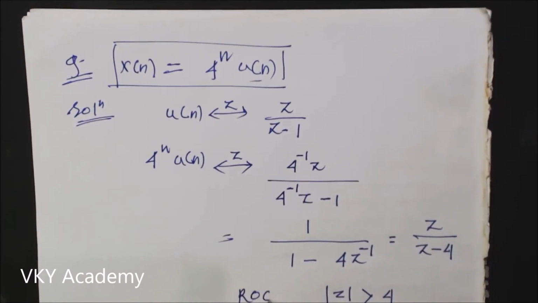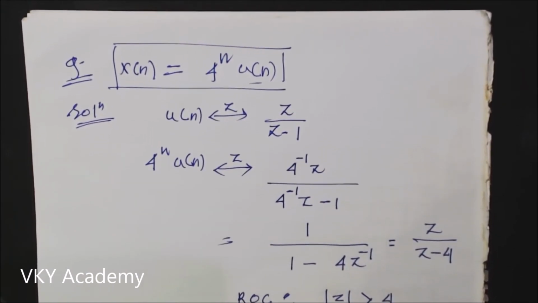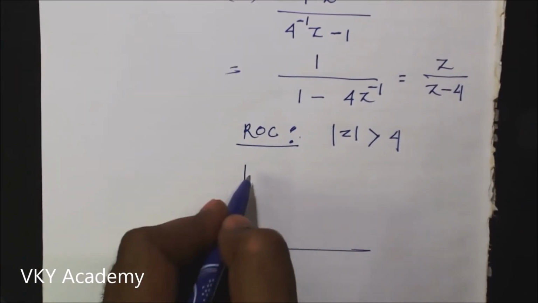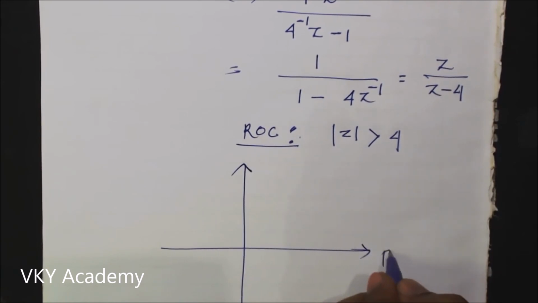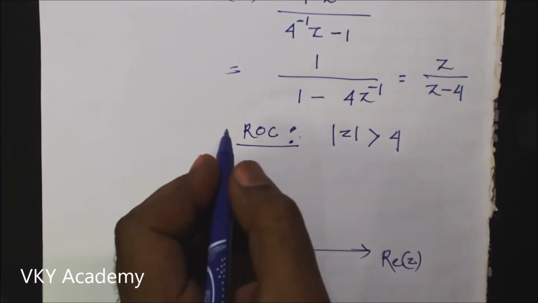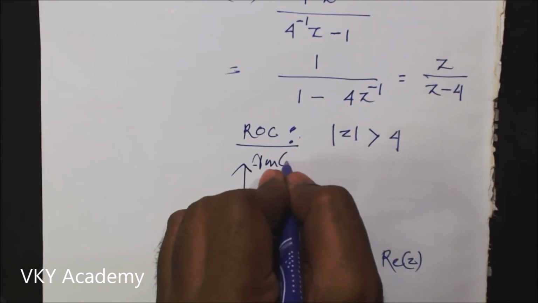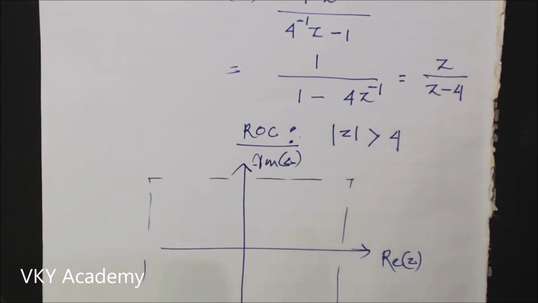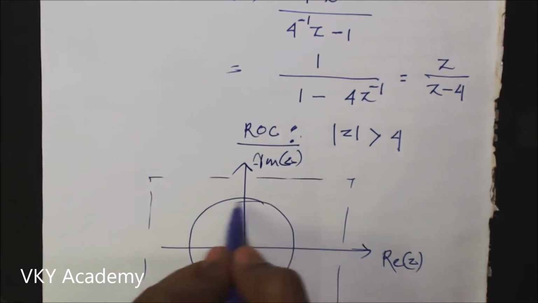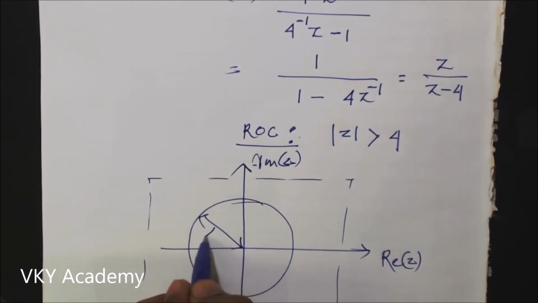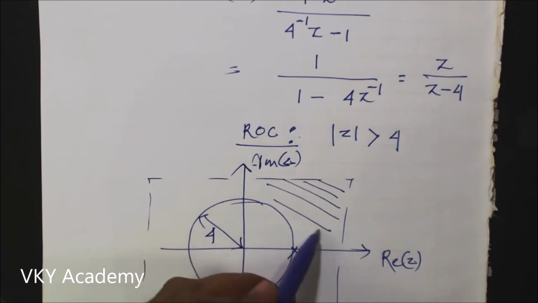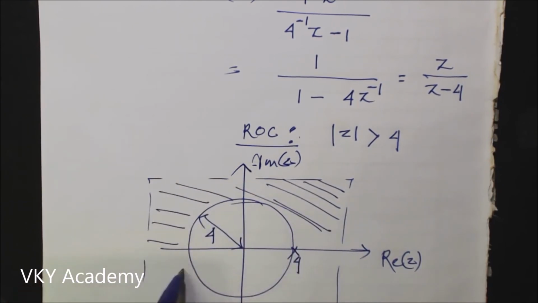is our ROC, which can be plotted on the Z plane. This is real Z. This is imaginary Z. Draw a circle with radius 4, and the region of convergence will be exterior to the circle with radius 4.